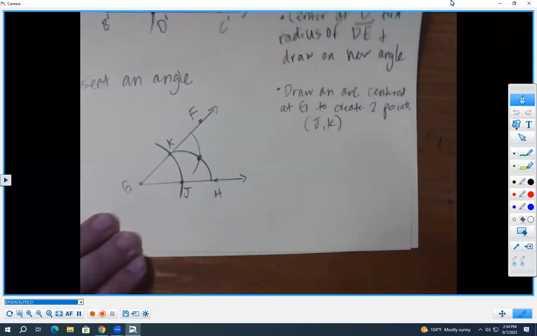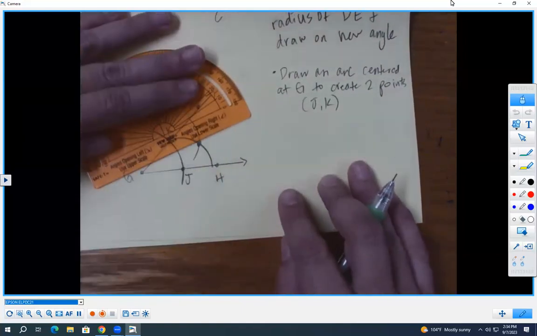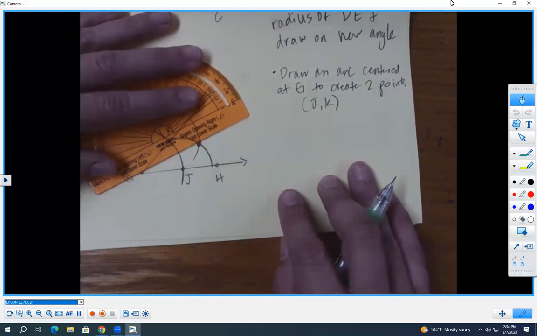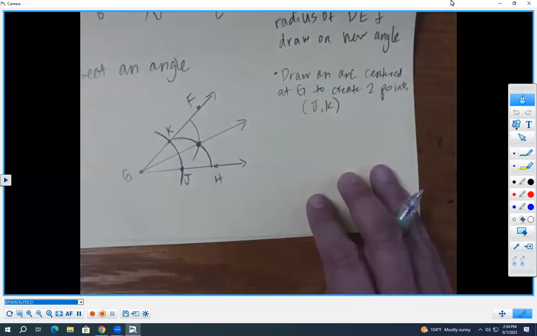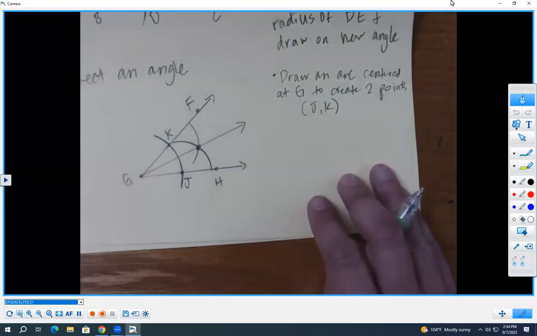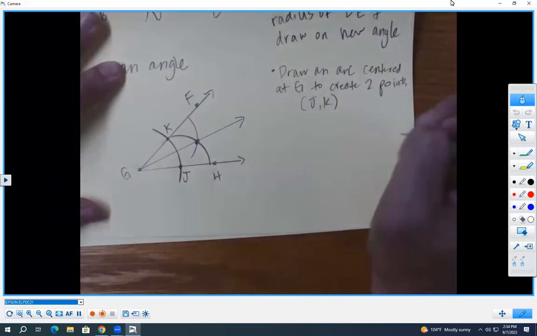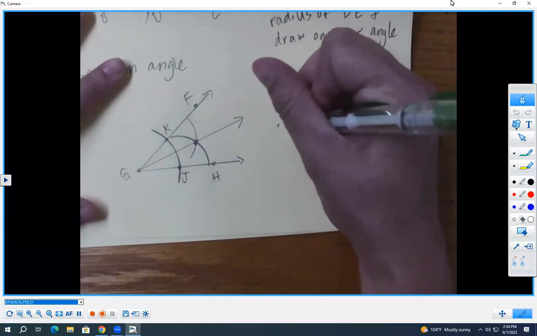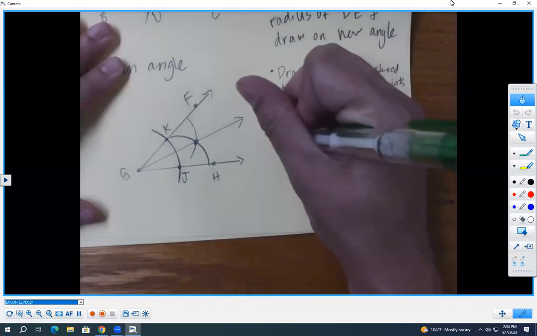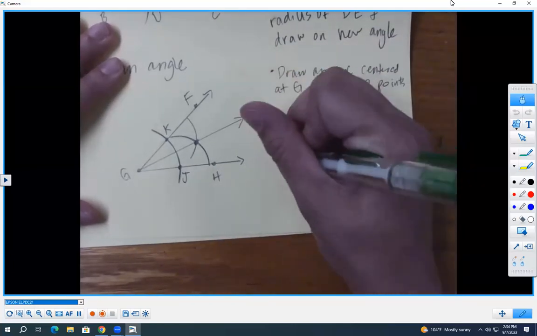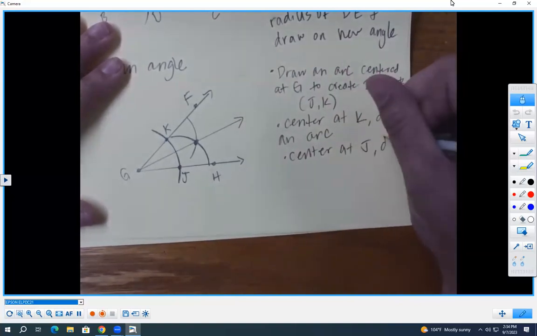How many points do I need to draw a line? 2 points. Do I have 2 points? Yes, my vertex and the new point I just drew. And if I measured, I'll show it's the angle bisector. So I drew an arc to two new points, and then I center at K, draw an arc, center at J, draw the same arc.